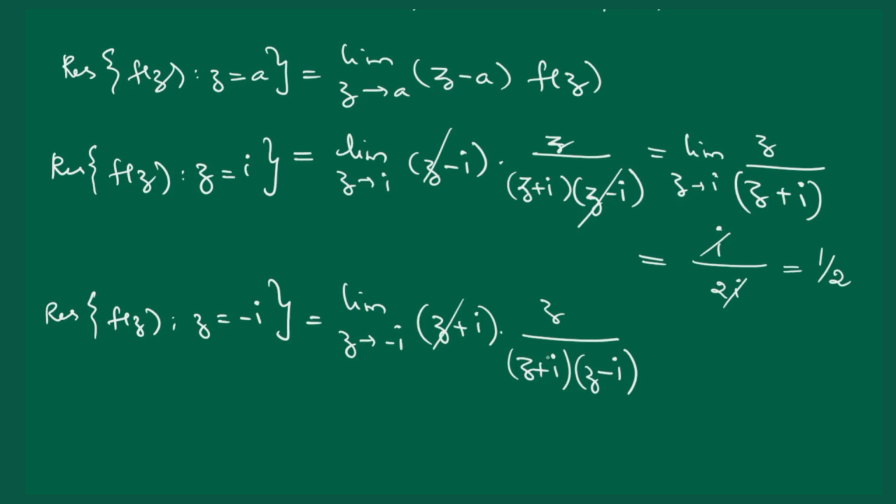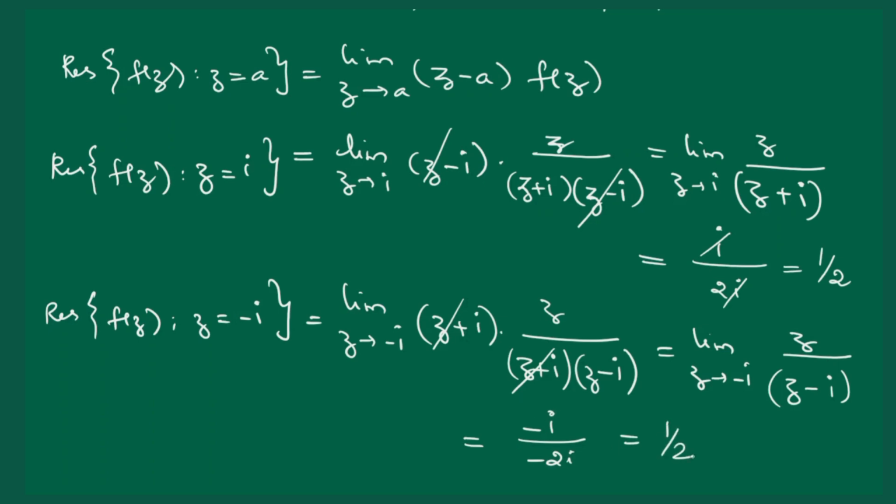So here we can cancel z plus i, z plus i. In the remaining term we have to apply the limit as minus i, which means z divided by (z minus i). If we put it in, the numerator will be minus i, and the denominator, minus i minus i, is minus 2i. So the answer will be 1 by 2 again.